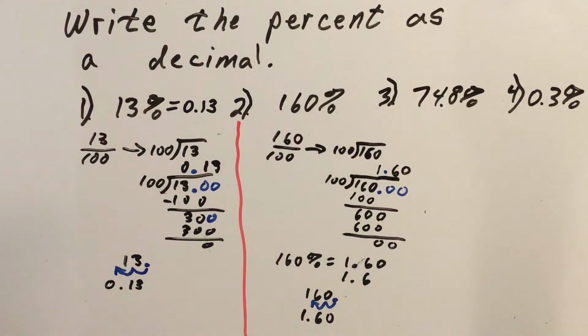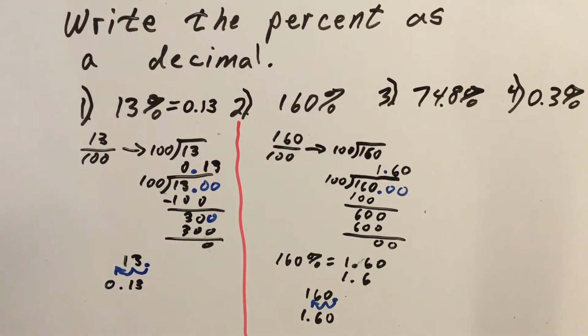And then my result was 1 and 60 hundredths. And I rewrote that down here as 160% equals 1 and 60 hundredths, or 1 and 6/10.